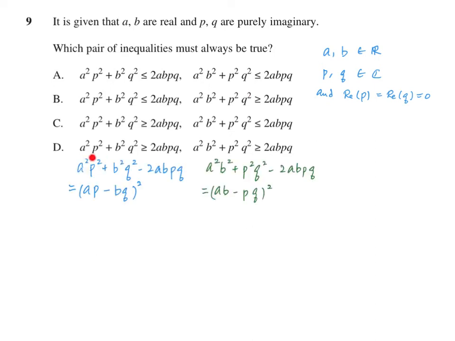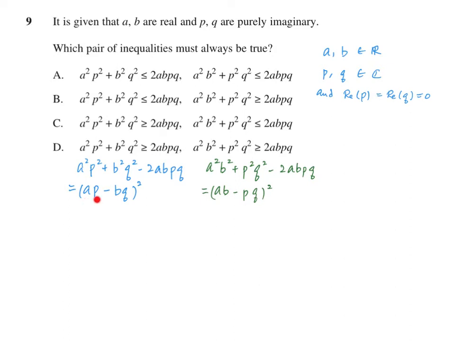The inequality on the left-hand side, if we try to transpose 2ABPQ to the right-hand side to become minus, we can see that this is actually a perfect square of A times P minus B times Q. From the question, we know that A and B are real, P and Q are purely imaginary.